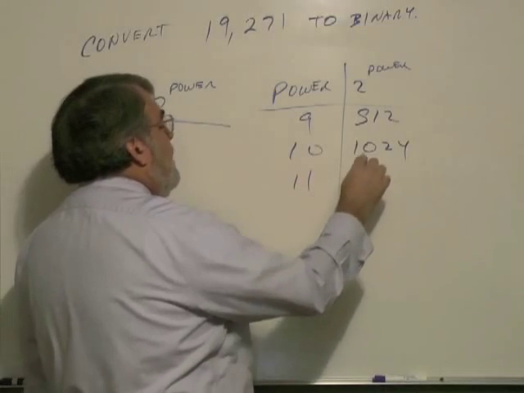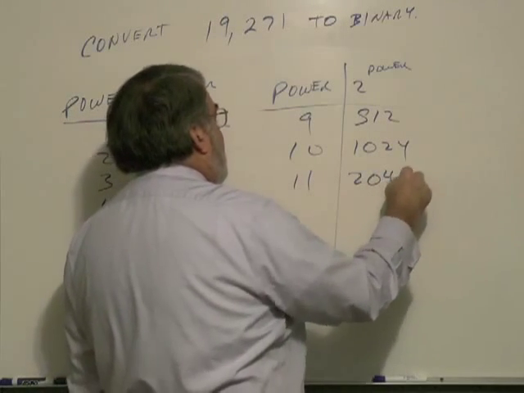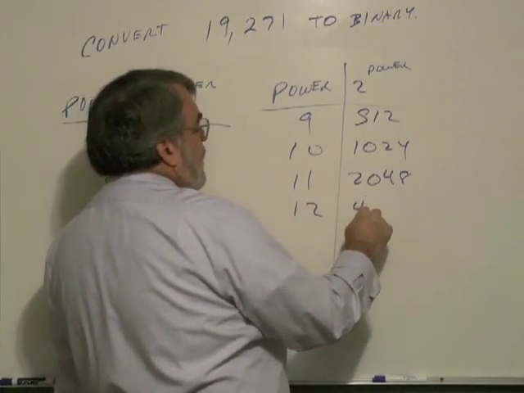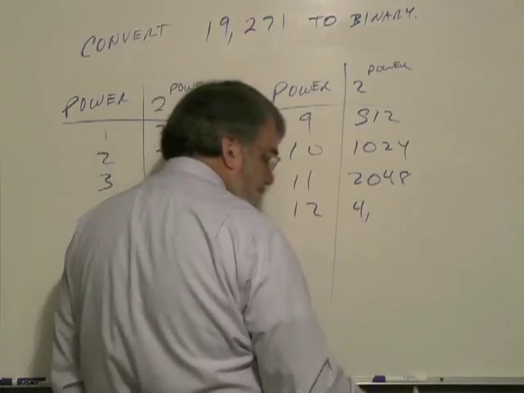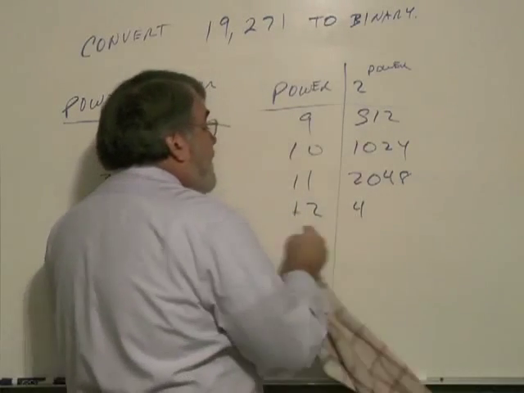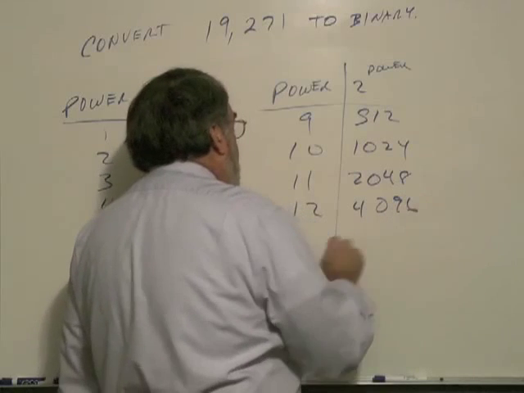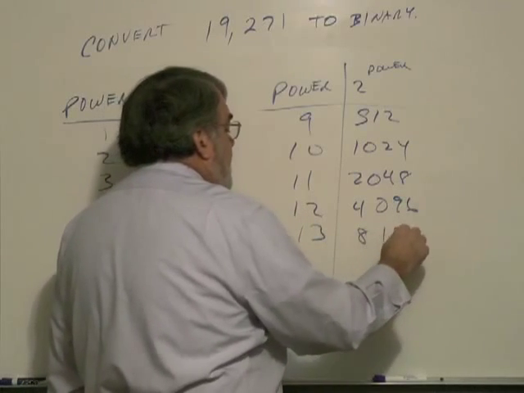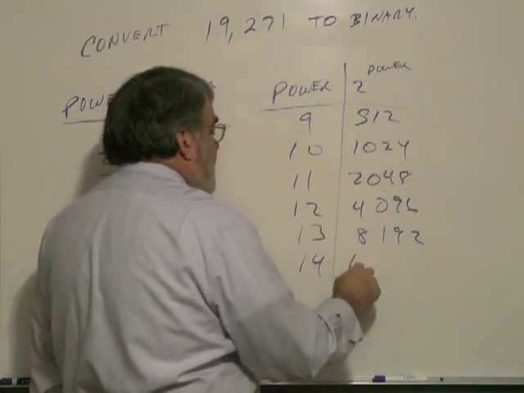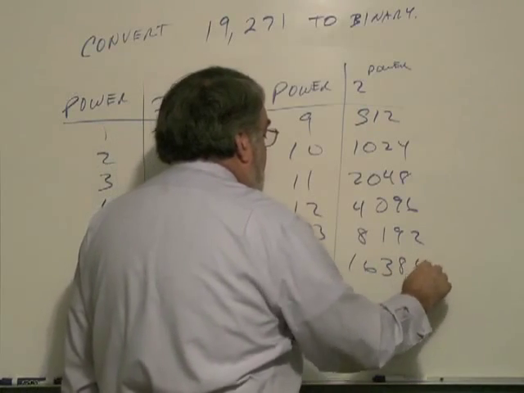Anyway, the 11th power will be 2048. 12th would be 4096. 13th would be 8192. And the 14th power is 16,384.